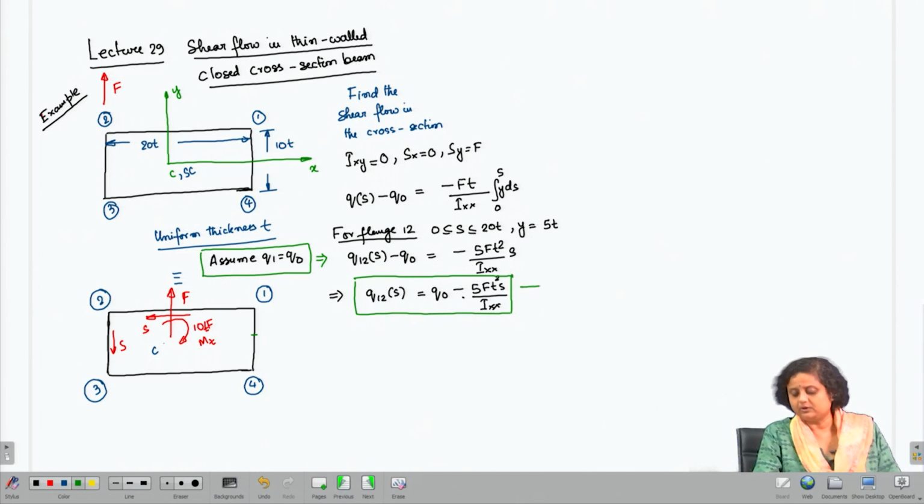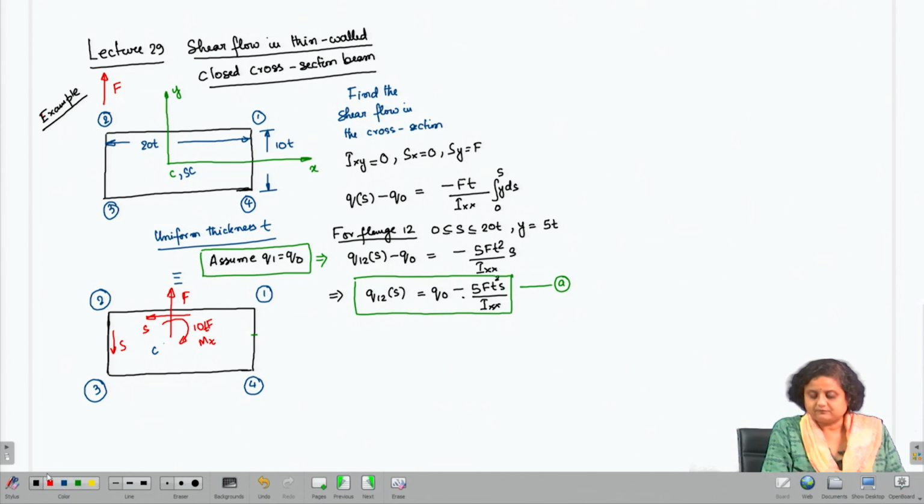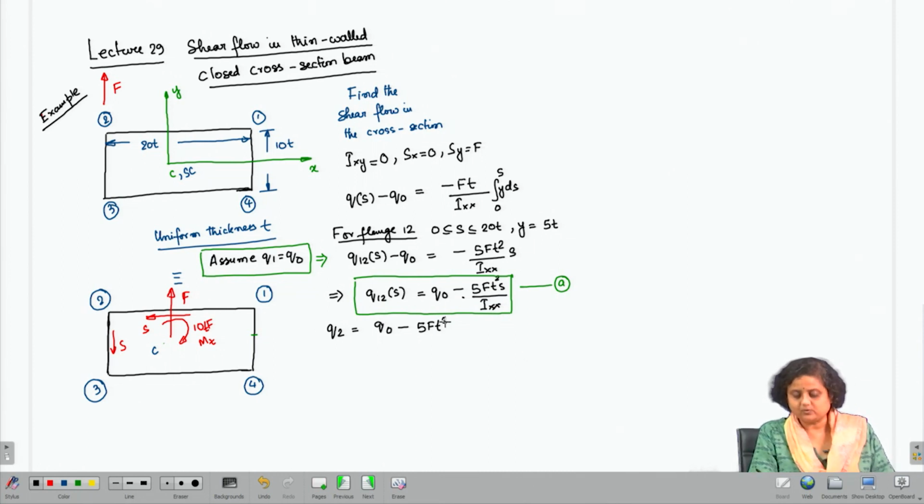Let me call this A. Now, from this expression we can find out q2, where q2 is going to be q0 minus 5F t square, with s equal to 20t, by Ixx, which is going to be q0 minus 100 F t cube by Ixx.